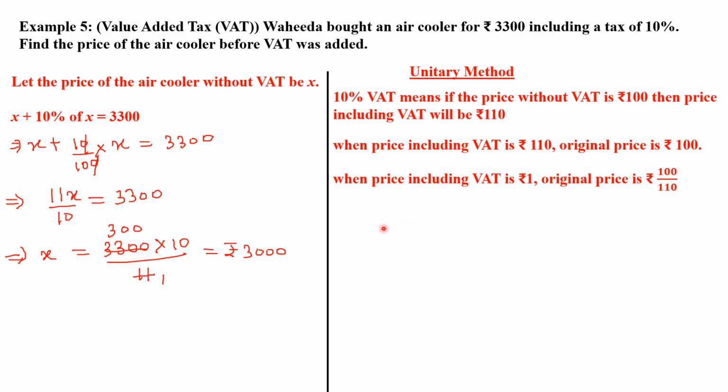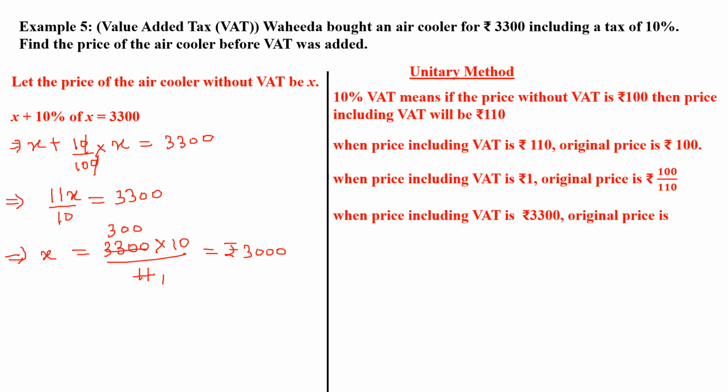Now what I have to find, when the price including VAT is 3,300 rupees, then what will be the original price? So now I know the value for one and I have to find the value for more. So we know that when you have to find the value for more than one, we have to multiply, isn't it?